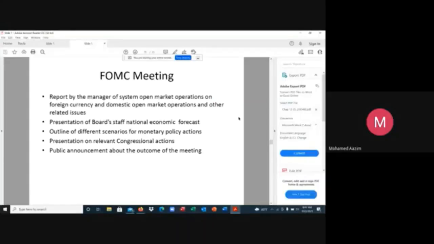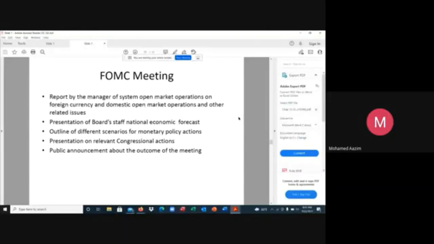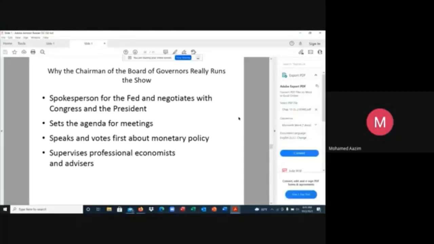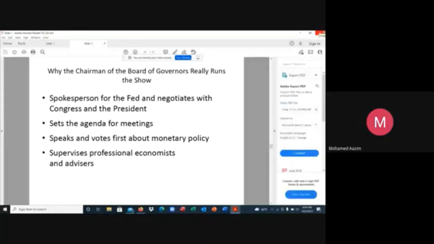And then public announcement. Communication is very important in today's central banking. You have to announce, communicate, and effectively communicate to bring about desired outcomes. Then the role of the chairman or the governors in the case of central banks: often they really run the show, so they should have certain elements of public speaking and personality.